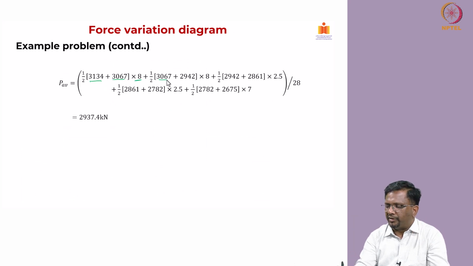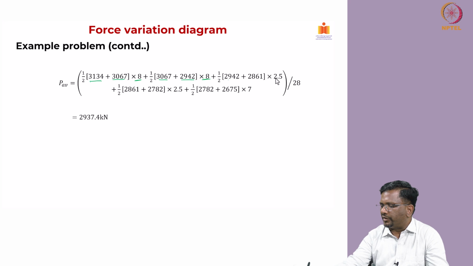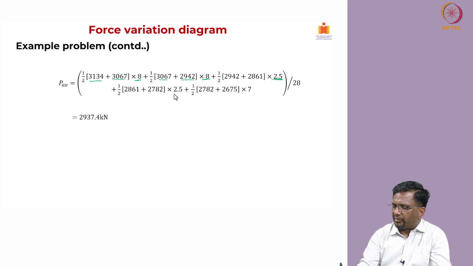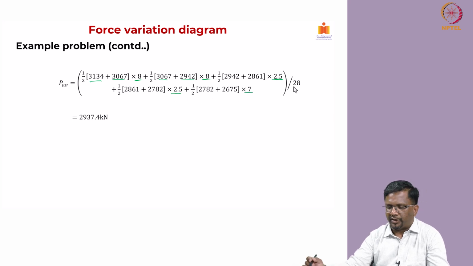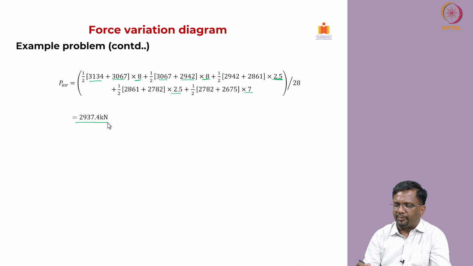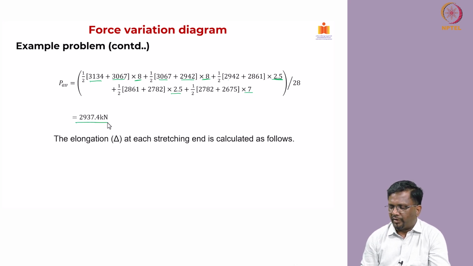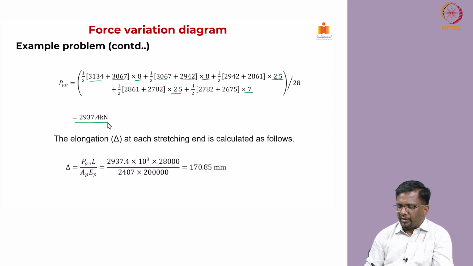The next one is 3061 plus 2942, acting over a span of 8, and then 2942 plus 2861, acting over a distance of 2.5, and the next one is also 2.5, the next one is 7. If you take the average of all these and divide by 28, then you get your average pre-stressing force as 2937.4.